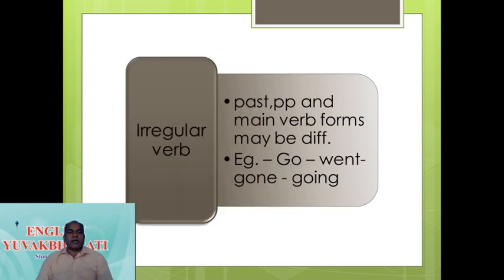How to identify an irregular verb? The other type is the irregular verb. An irregular verb has a different past form and past participle form.